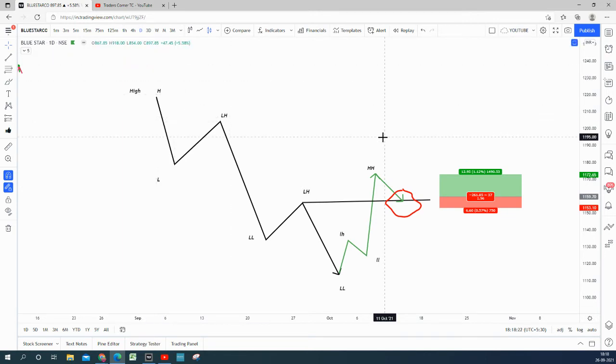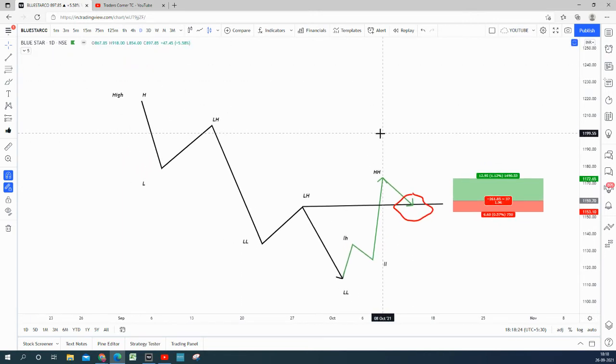But if you are a beginner and still learning, do not use this strategy in intraday trading. Use this trading style or analysis only for a swing trade or a short term trade.